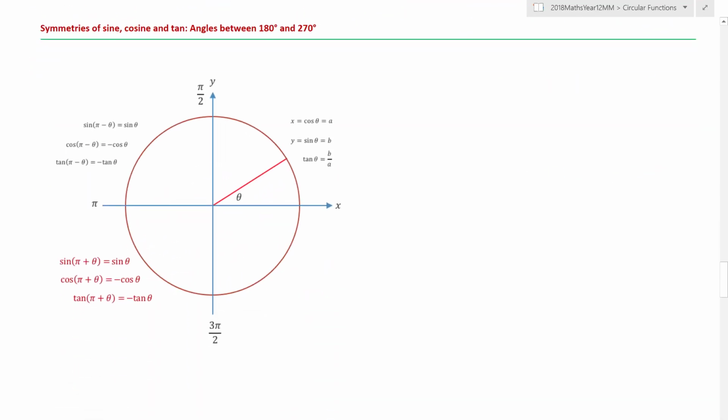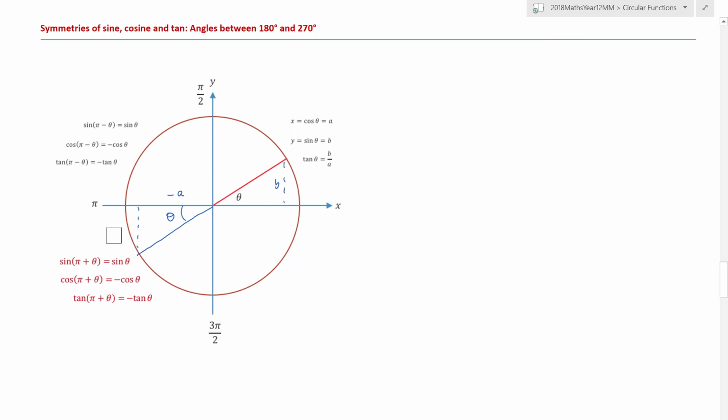Well, we can continue. We can now look at this quadrant here, between 180 and 270 degrees. What I'm going to do is draw a line that extends straight on. Why? Because I now know that that's theta degrees. I'm going to draw a right angle triangle. We now know that this here is minus a, but if this here is b, and it's going below the line, then that must be minus b.